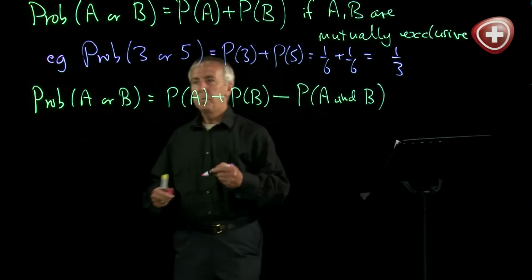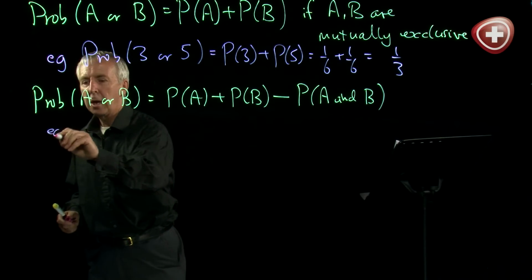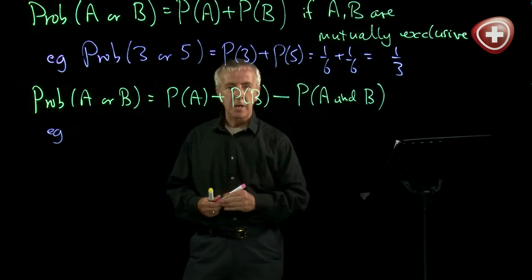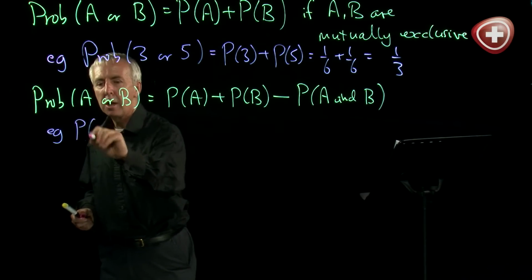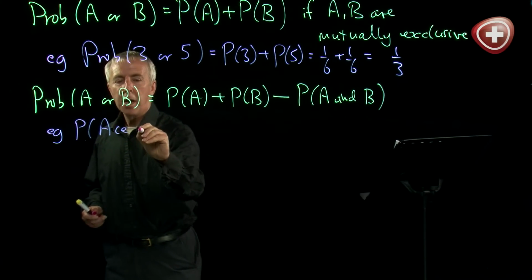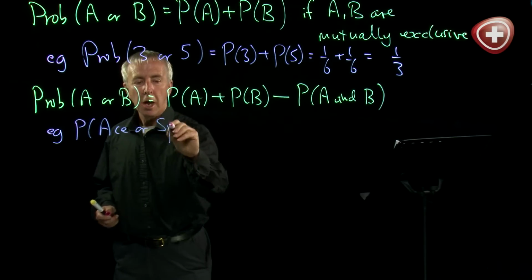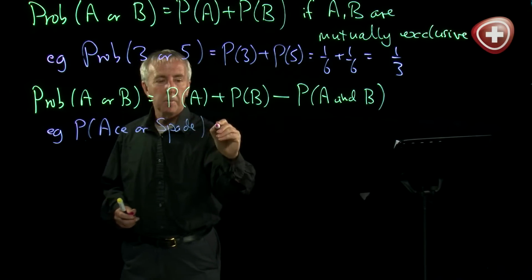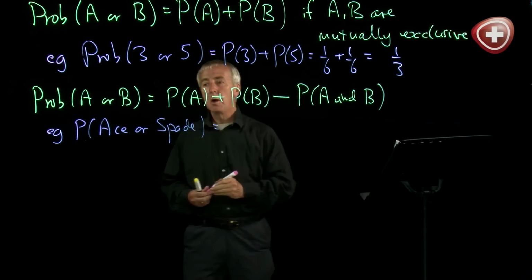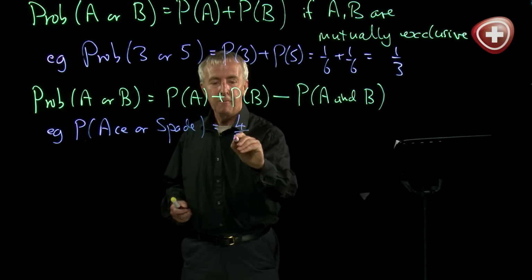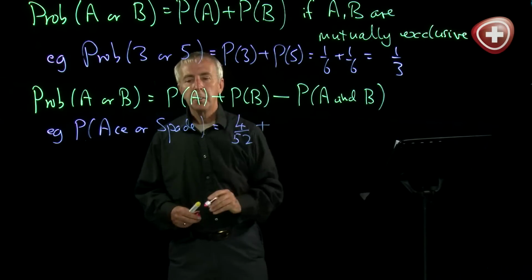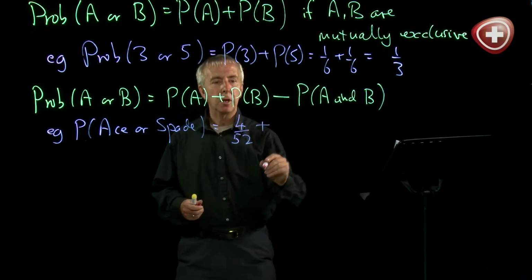So for example, if I wanted to find the probability, when I select a card from a pack, of an ace or a spade? The chance of an ace is 4 out of 52, because there are 4 of them. Spades, there are 13 out of 52.